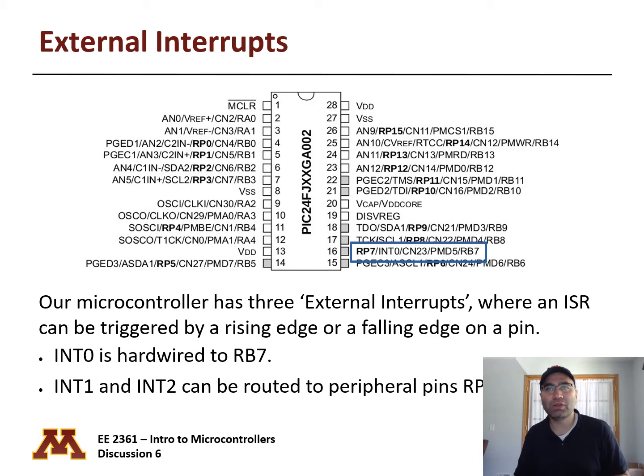INT0 is hardwired to this pin, so you don't have to use PPS for this. Then we have 2 more external interrupts, INT1 and INT2. These 2 external interrupts can be routed to peripheral pins RP0 to RP15 using PPS, right?